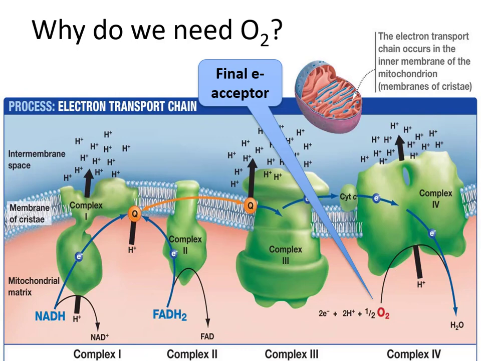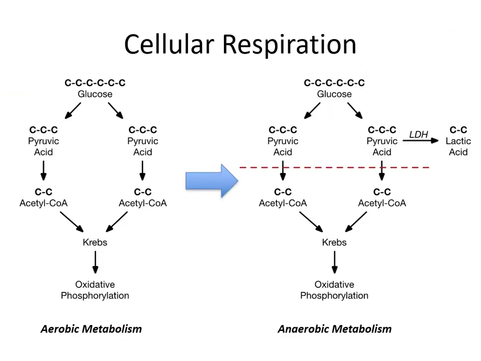We need oxygen as the final electron acceptor in the electron transport chain, as part of oxidative phosphorylation in the process of ATP production. The presence of oxygen allows for the highest yield of ATP through the process of aerobic cellular respiration. In the presence of impaired tissue perfusion, the lack of oxygen shifts us over into anaerobic metabolism.